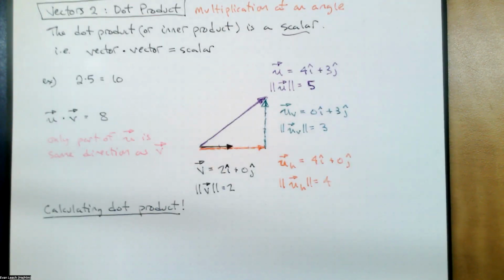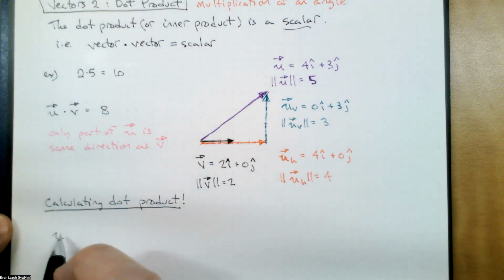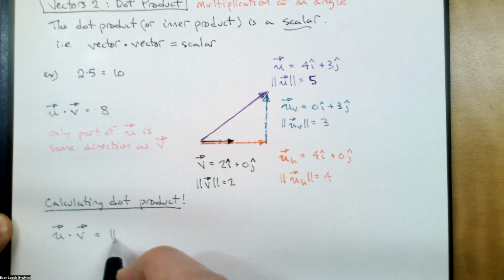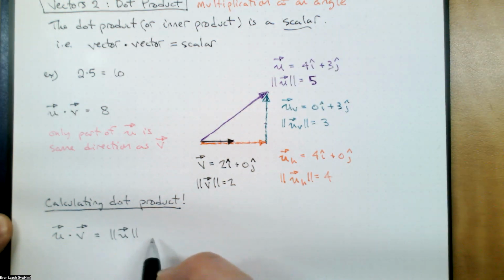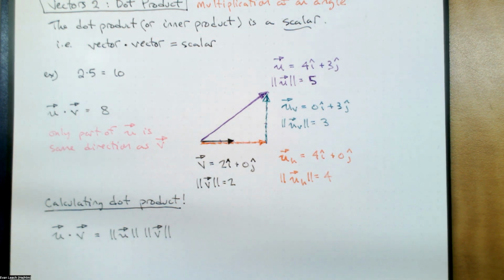Let's talk about calculating the dot product. Let's first start off with how we define the dot product with this multiplication at an angle thinking. U dot V is the magnitude of U times the magnitude of V, and then we're going to be limited by some factor.